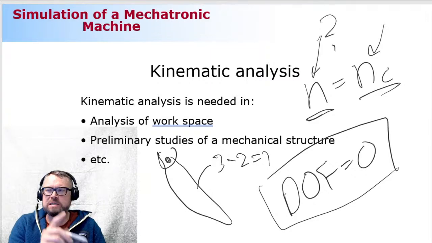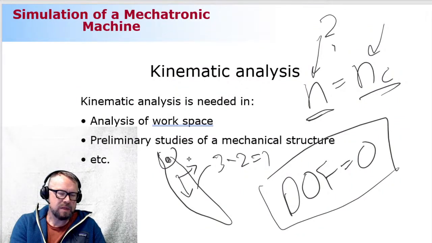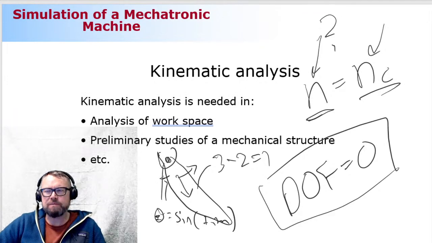Now we're going to eliminate this 1 degree of freedom by saying that this pendulum cannot move as it wants, or because of gravity, but it has to follow a predefined motion, and the predefined motion could be sine of time. Then that's a driven constraint, a predefined motion. So then the number of degrees of freedom is 0, and then you can analyze how it actually moves.